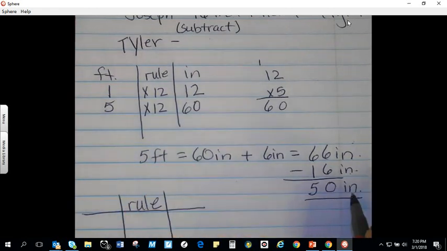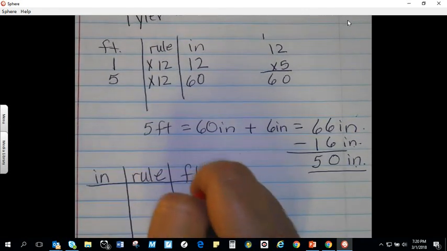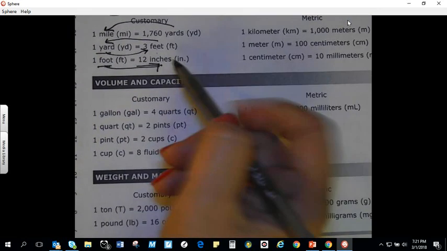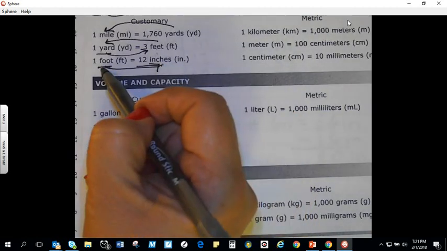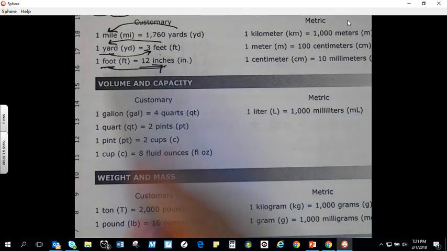I'm going to now go from inches to feet, and I'm going back over to my chart, and pause at any time you need to catch up. I know that there's 12, I'm going to work backwards, 12 inches to 1 foot. Okay? 12 inches to 1 foot.